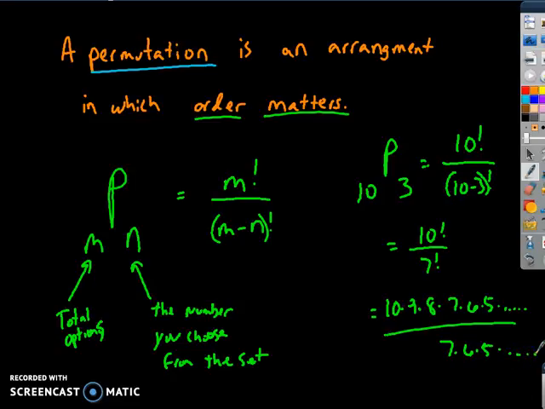You should recognize that the 7s cancel, the 6s cancel, the 5s cancel, and all those other numbers cancel to 1. So you're left with 10 times 9 times 8, which is 720, which we figured out without actually knowing what a permutation was.